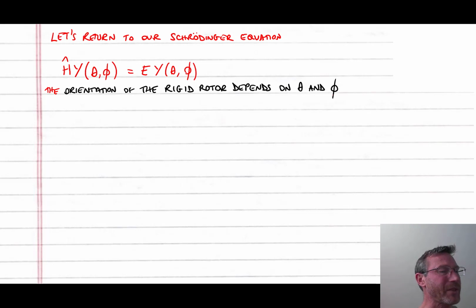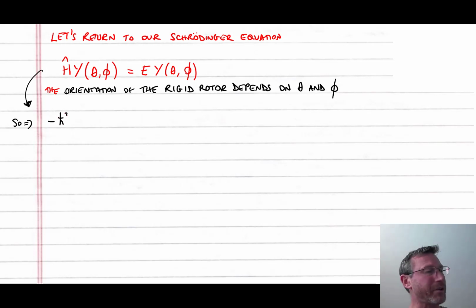So let's actually now write down what that Schrodinger equation looks like, working from the Hamiltonian operator that we developed in lecture 17. So this comes out to be minus h bar squared over 2I. That's our partial derivative.